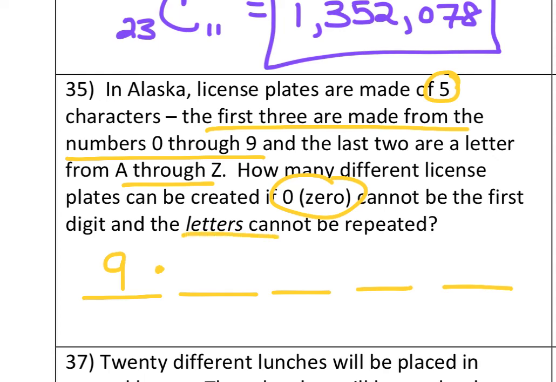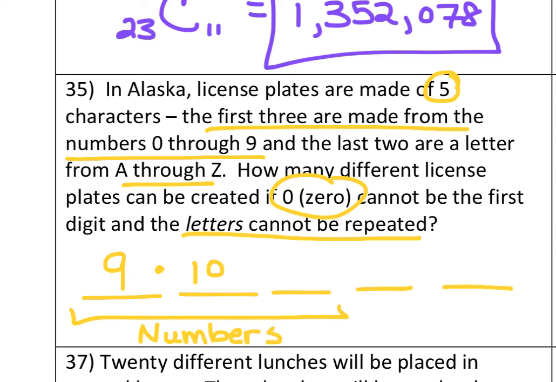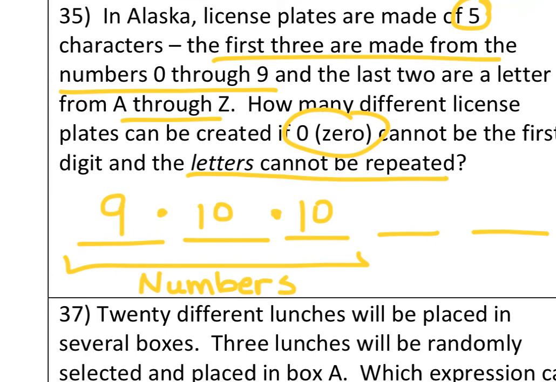And then the letters cannot be repeated, but the numbers can. So you've got 3 that are numbers, and you're only leaving out 1 number from the mix in the first place.